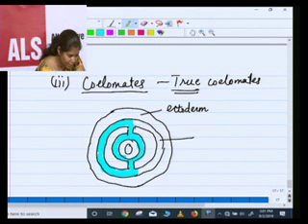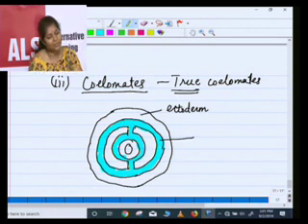Just ignore my blunders if I am not putting them well inside the lines. It's actually a blunder in painting.